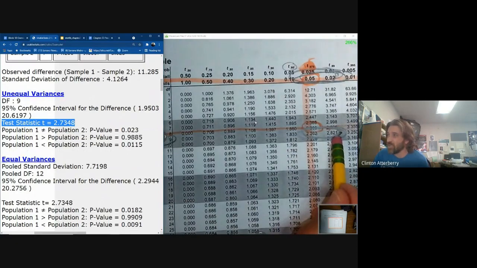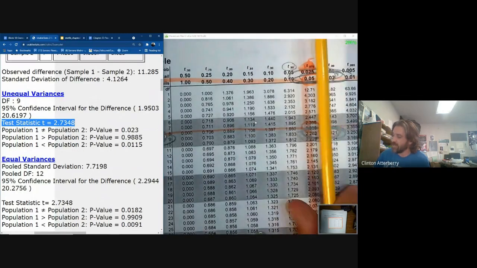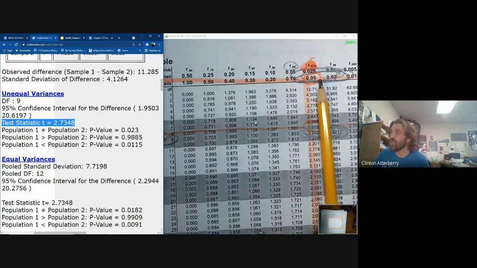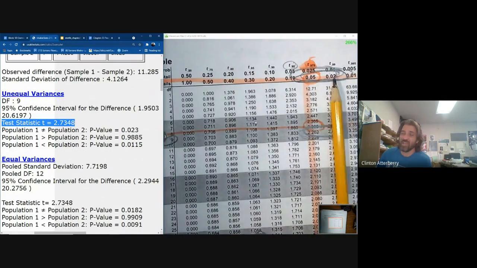Because it's between those two numbers, that means my probability is in between 0.05 and 0.02. And because it's closer to this number, it's probably closer to that number.